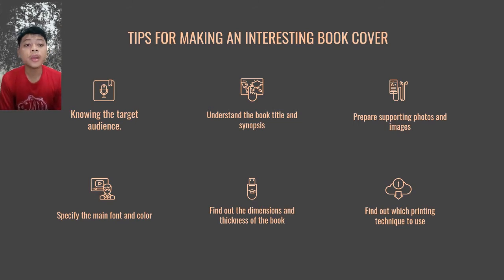Next, find out which printing technique to use. Whether the cover will be printed using offset printing, high printing, or digital printing. Then on the cover, are there any elements that will be embossed or polymerized or simply glossy laminating or matte laminating?